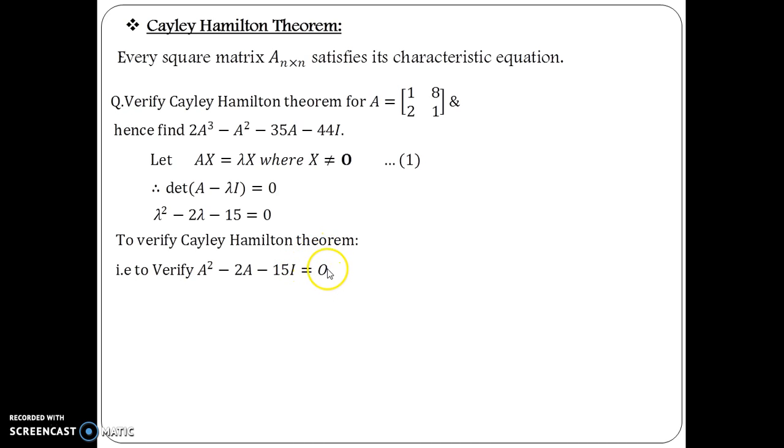Now this 0 on the right hand side is a 0 matrix. Remember that. So we have to verify this equation here. That is what is meant by Cayley-Hamilton theorem.